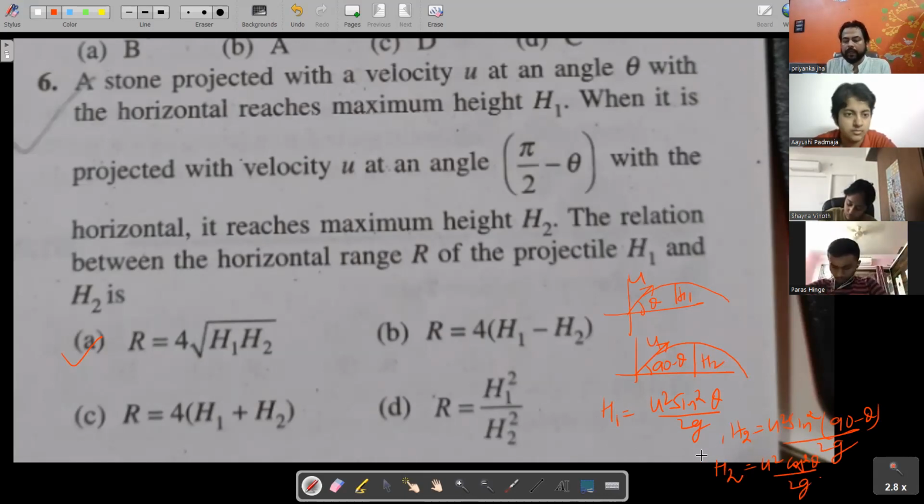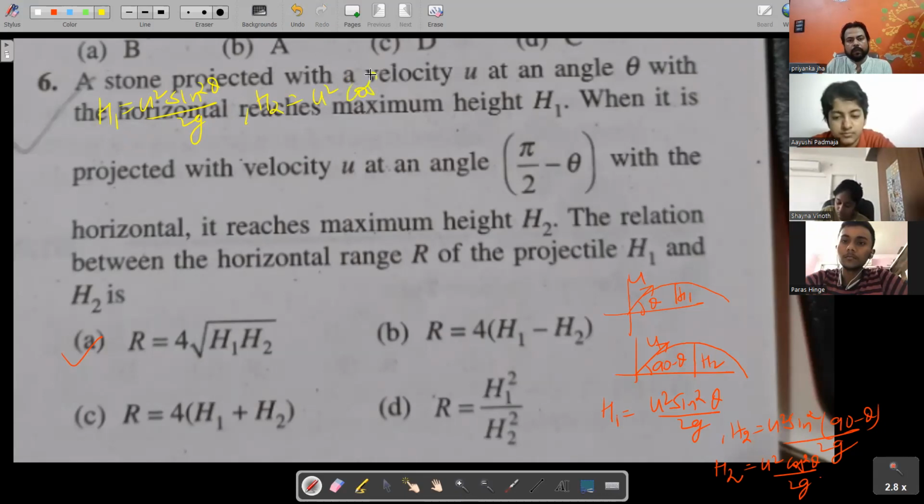And you have to relate these. So you found h1 as u square sine square theta upon 2g, and h2 as u square cos square theta upon 2g.